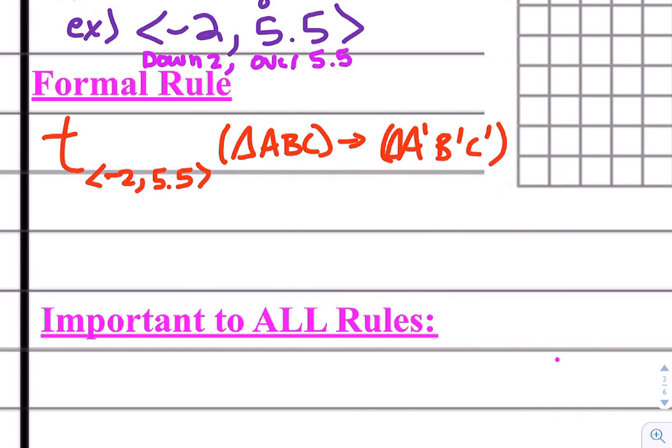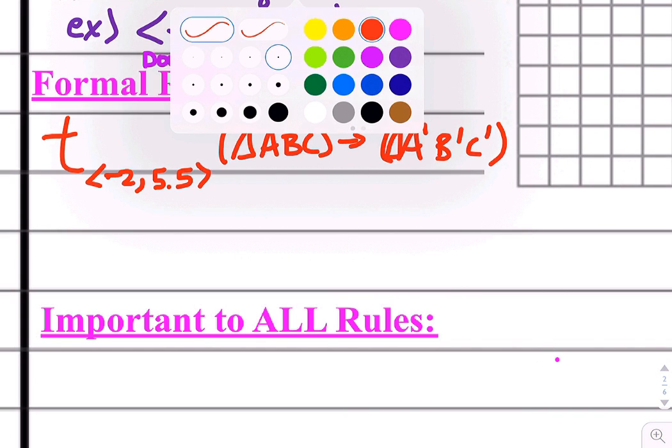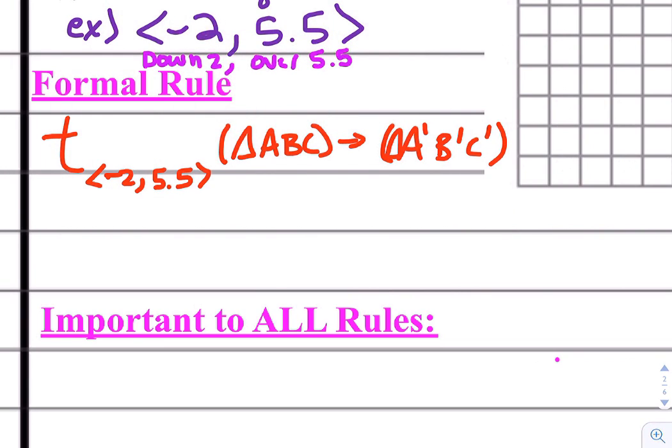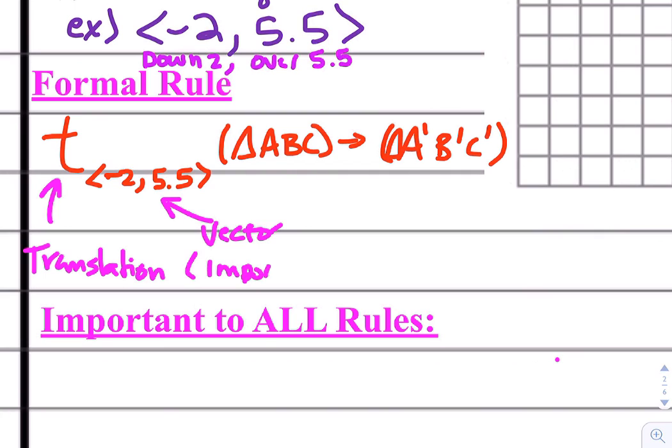This formal rule is something that unfortunately we just have to be able to do. The T stands for translation. This stands for the vector, which is the important information. You can't have a translation without a vector.